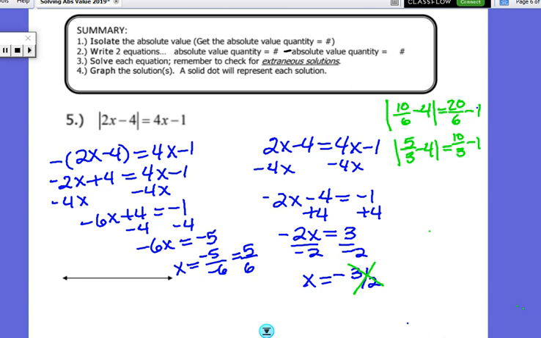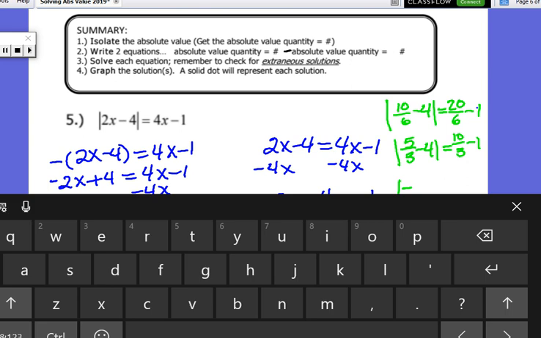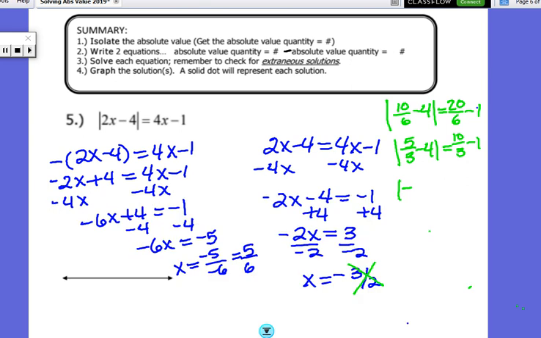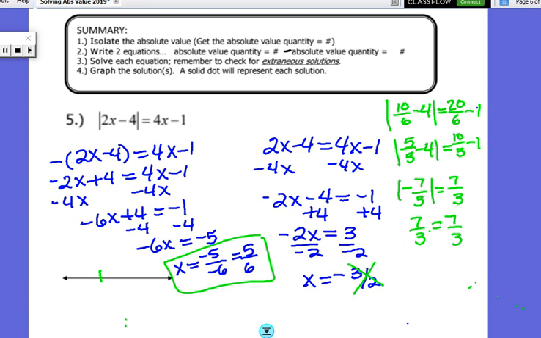Alright, 5 thirds minus 4 is going to be a negative 7 thirds, equals positive 7 thirds. Well, the absolute value of negative 7 thirds is 7 thirds, equals 7 thirds. So this one works. So my only solution is 5 sixths.